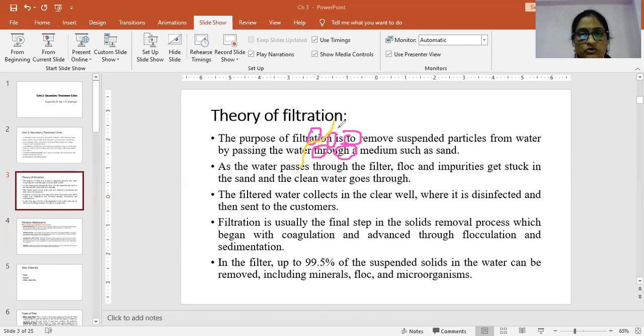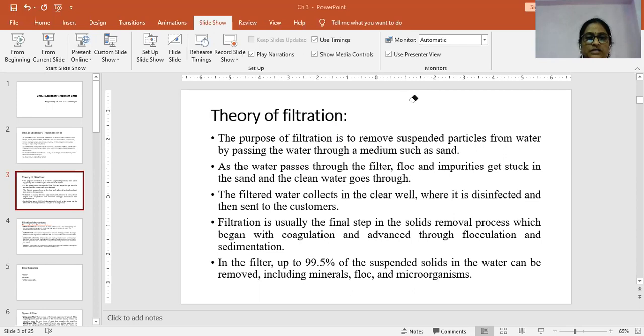The water is moving through this. Water is percolating through this void space, and that process is known as filtration. The detailed mechanism and what action exactly happens because of which the impurities are removed from the water, we are going to discuss in detail. So this is filtration.